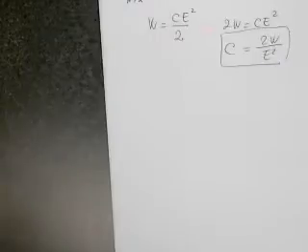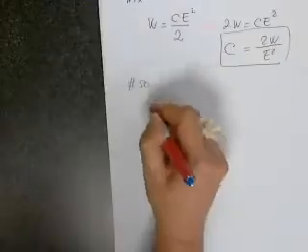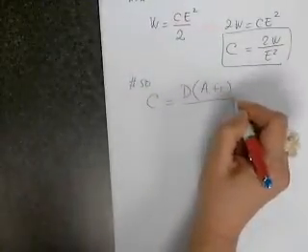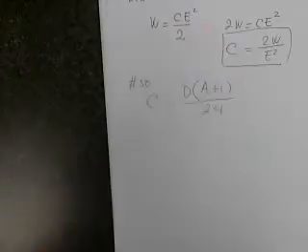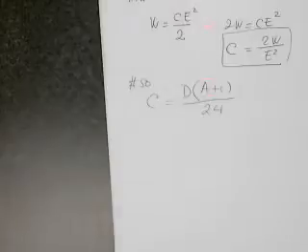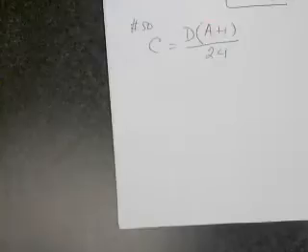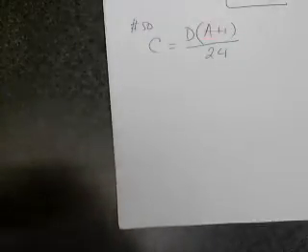Okay, I would like to choose 50. This is from medicine. C equals D, in parentheses, A plus 1 divided by 24. And we are asked to solve for A. Please tell me the first step. Ready?